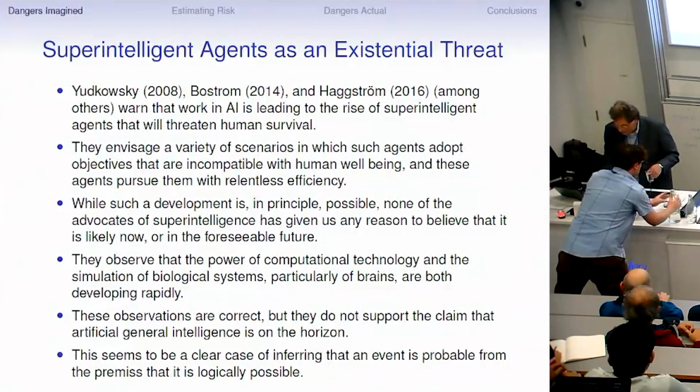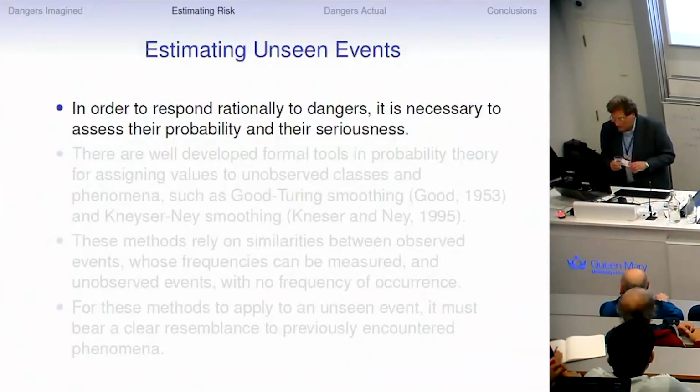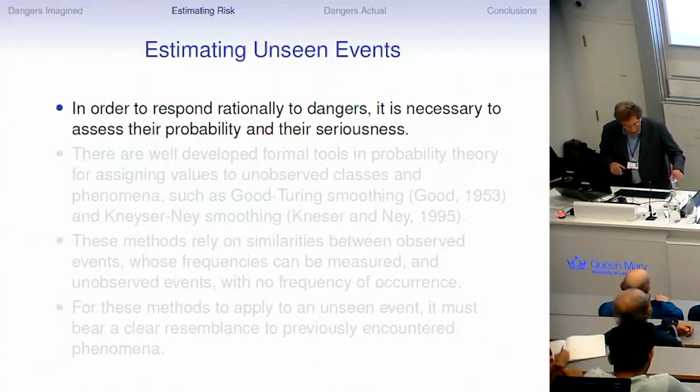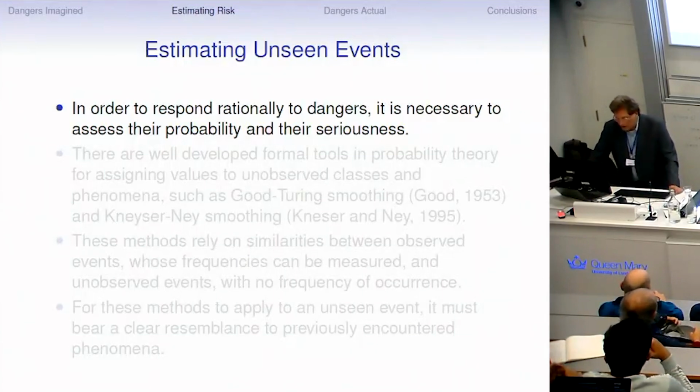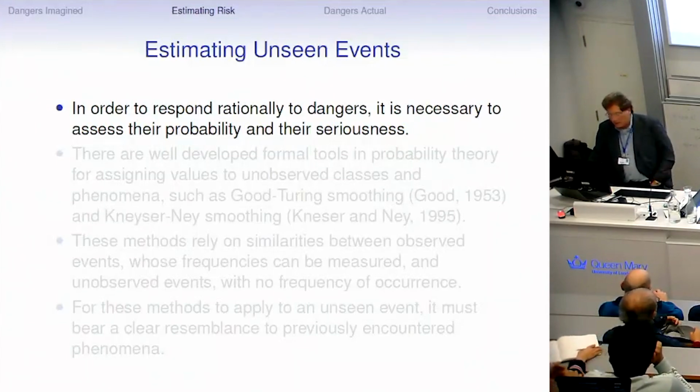So, in order to lend some greater substance to that last point, let's look at what's involved in estimating risk. People make a living doing that, whether they be actuaries in insurance companies, risk assessors in security agencies, or financial advisors.